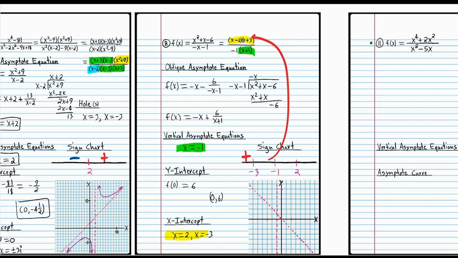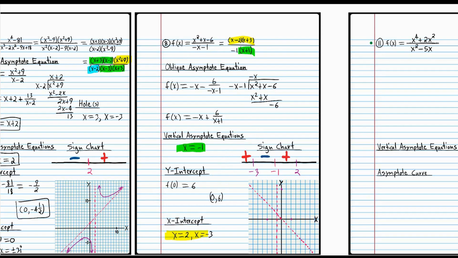A negative times a positive is a negative, and a negative times a negative is a positive, so negative divided by a positive is a negative. Now let's plug in 0. We can do that up here, but we actually already did that. We got positive 6, so that part of the graph is above the x-axis.